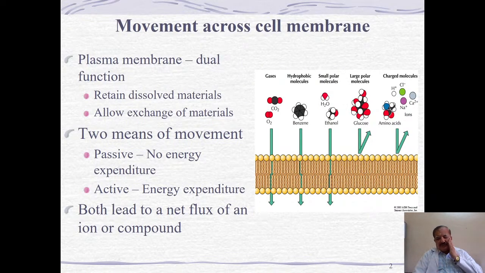Today our class is on the transport of things across the cell membrane. As in the last class, we have all read about the plasma membrane, which surrounds the cell.